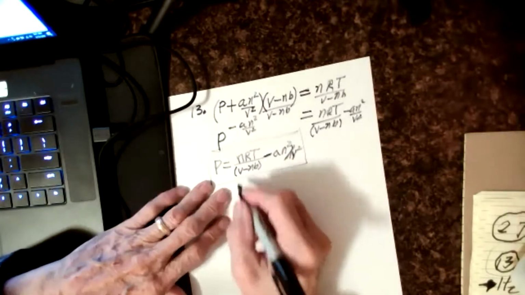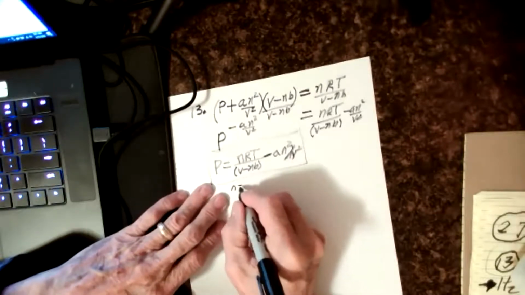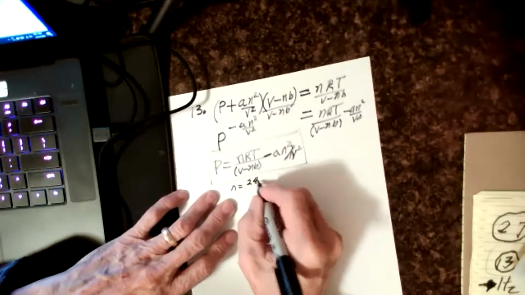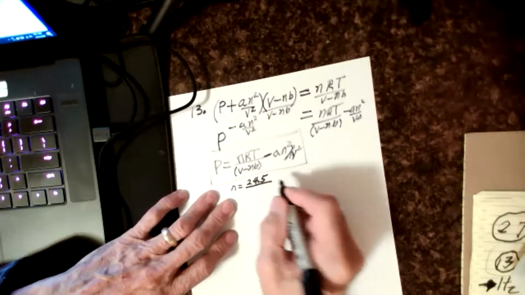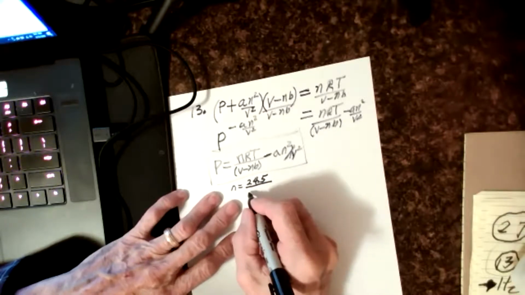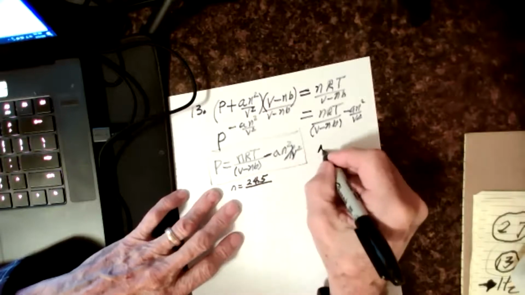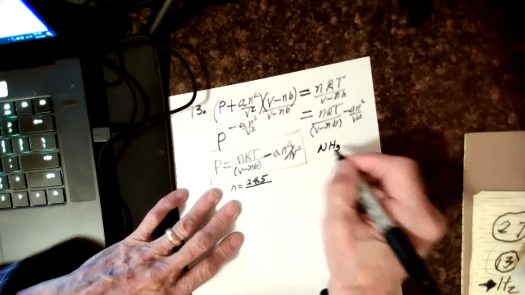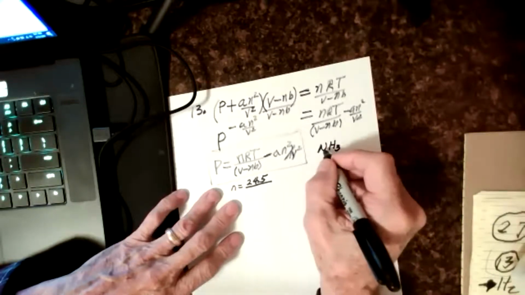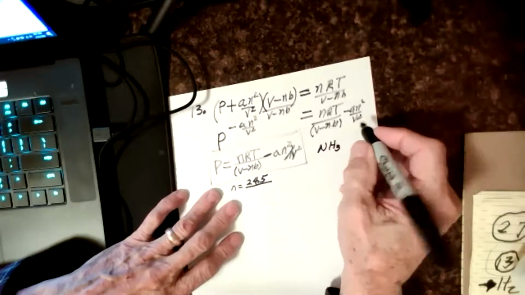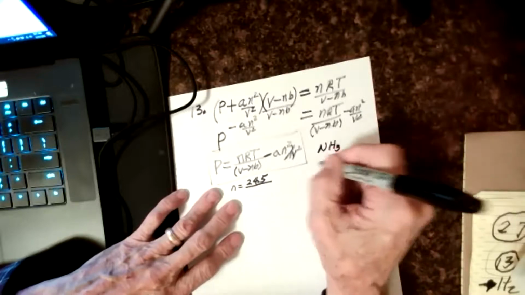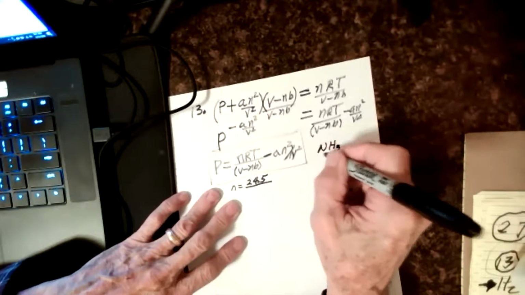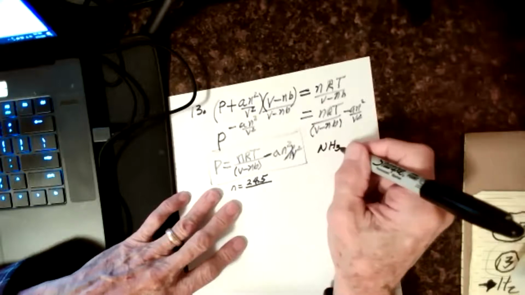Okay, we're going to need n. N is going to be equal to 24.5 grams of ammonia. Ammonia is NH3. Now, I guess I didn't give you that formula, so you need to know the difference between ammonium ion and ammonia. Ammonia is NH3, ammonium is NH4 plus.